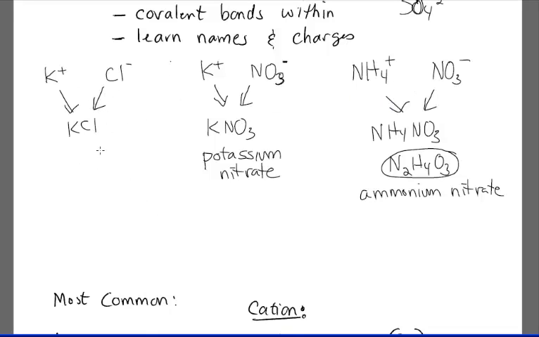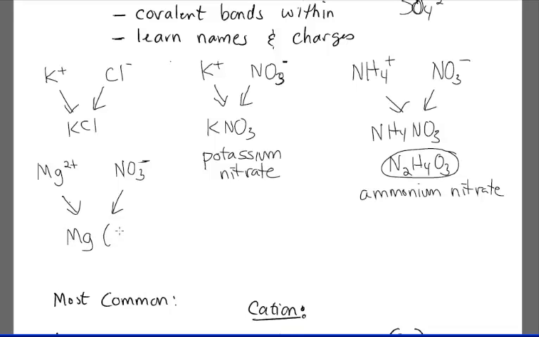As we said before, your charges aren't necessarily going to balance. These are all 1-to-1, but let's look at magnesium combining with nitrate. You need 2 nitrates to do that, but we aren't just going to write MgNO3. We need 2 of them. The way to indicate that you have more than one polyatomic ion is to put parentheses around the entire polyatomic ion.